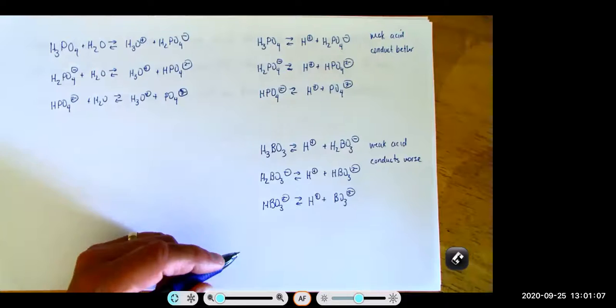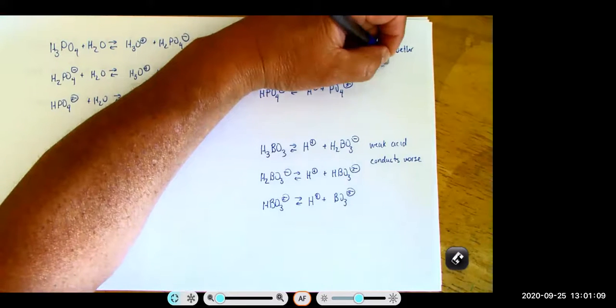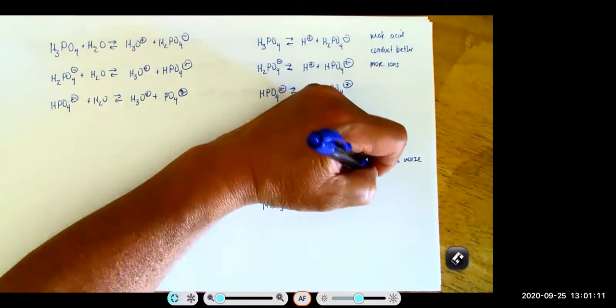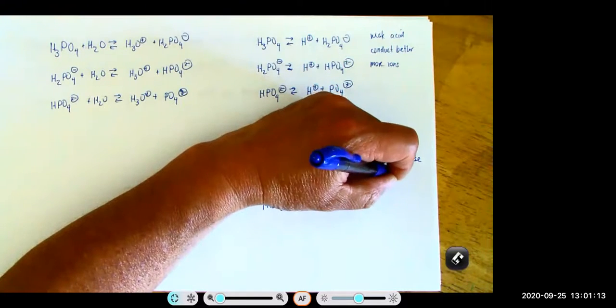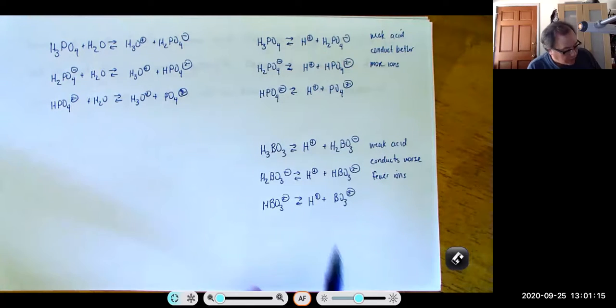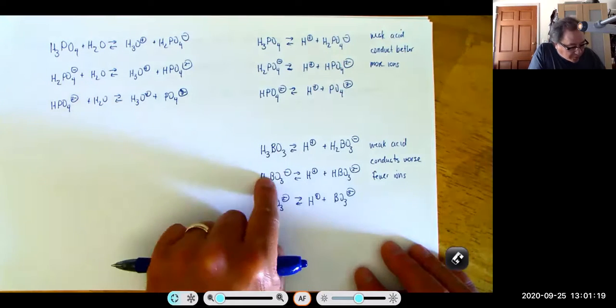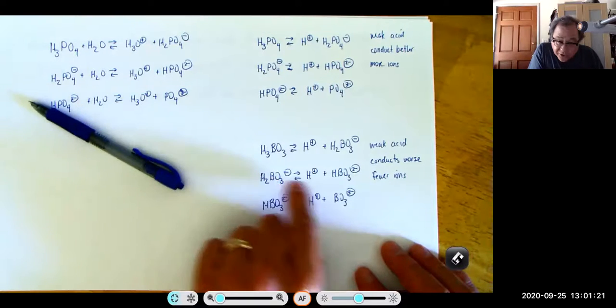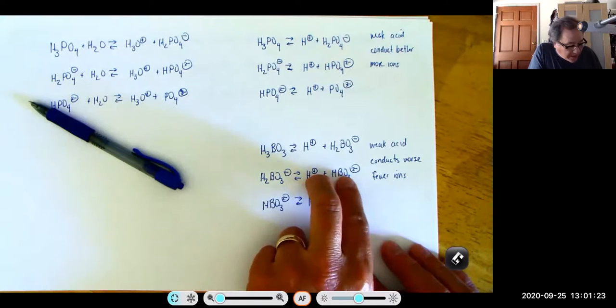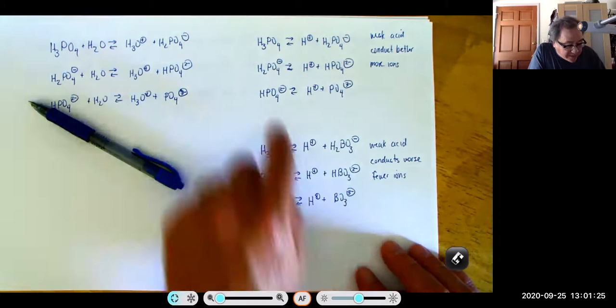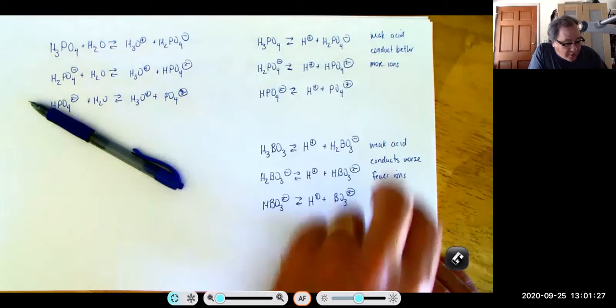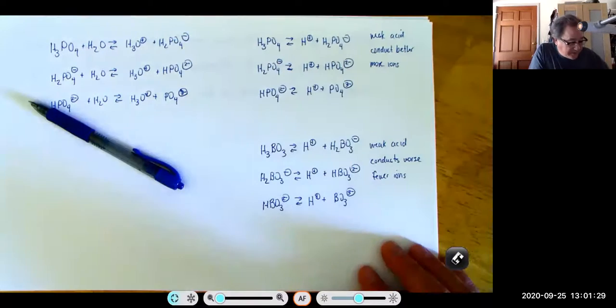They have more. So we can see that with each successive reaction where you have one ion, you get two. One ion, you get two. Here, no ions and you get two.